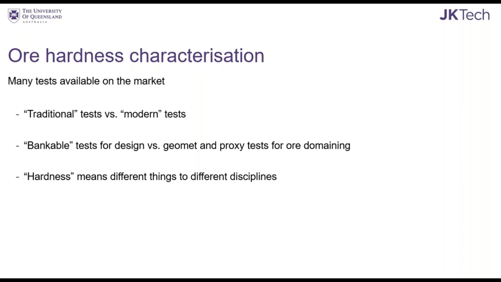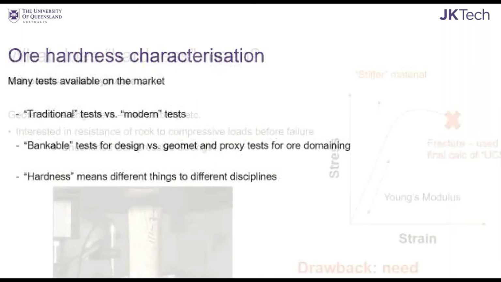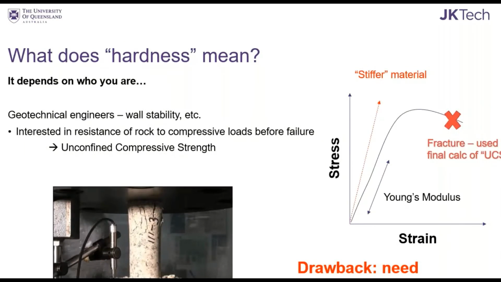The other key thing to be aware of is that the word hardness means different things to different people throughout the mine site. For example, if you're talking with a geotechnical engineer, hardness is usually associated with the unconfined compressive strength test, which is usually used for wall stability purposes.